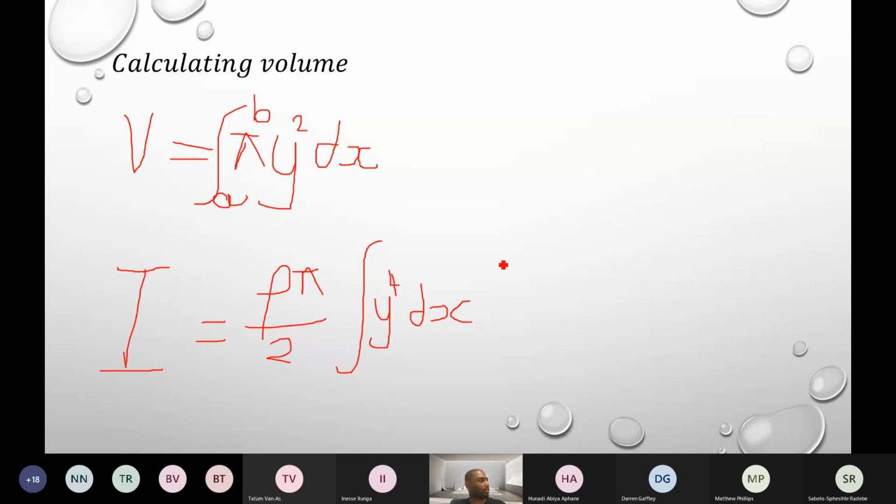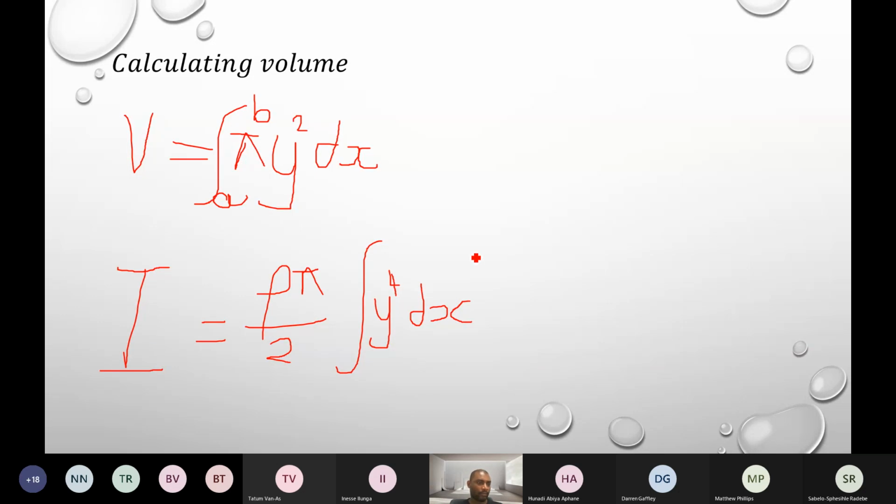That's the formula that we use for moment of inertia: pi rho over 2 integral of y to the power 4 with respect to x. Okay, I just put the formulas here, but the working is coming. So let's go to the next slide.